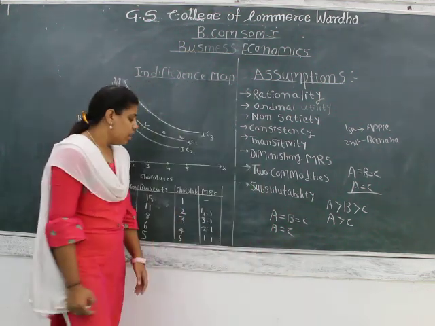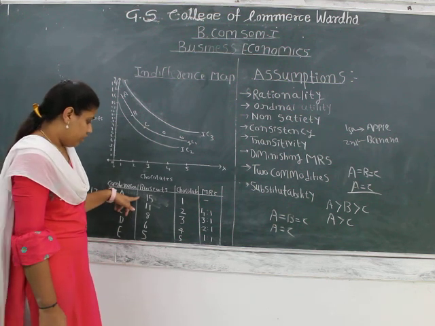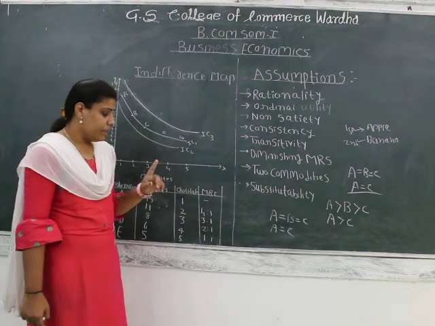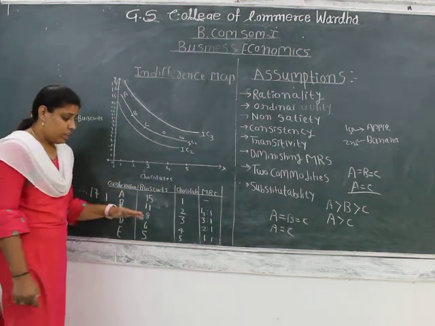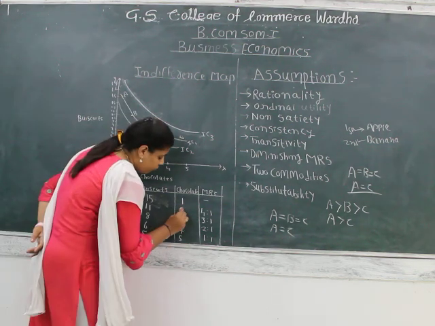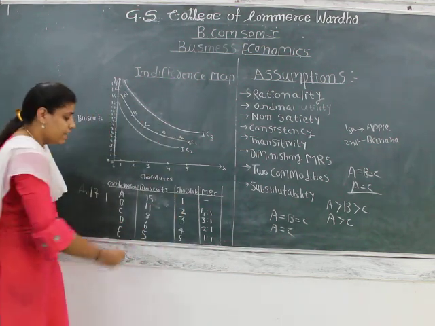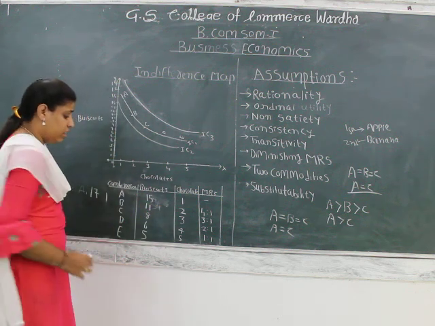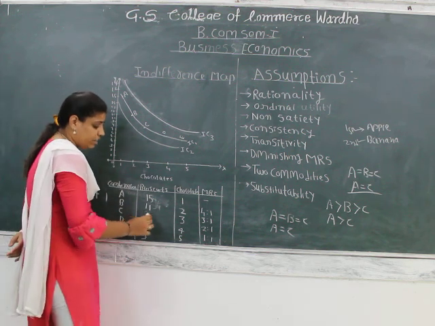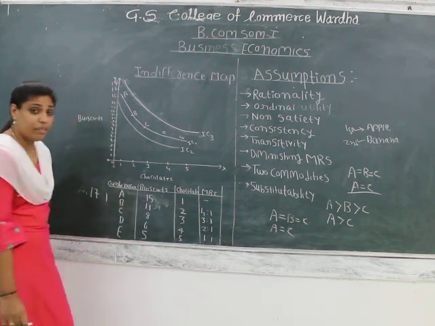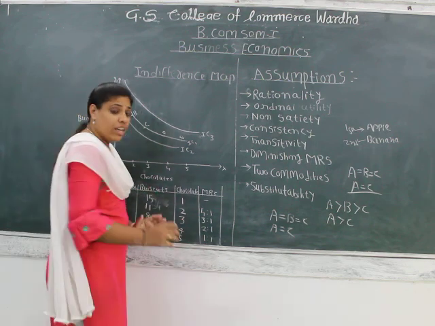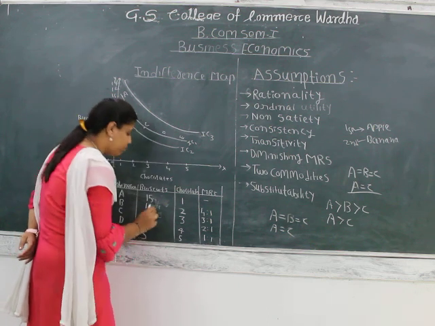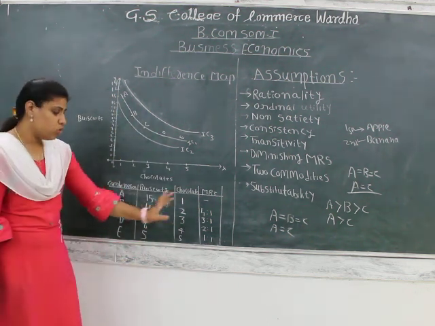Like in our example, we have seen that at the initial stage a person is having 15 biscuits and 1 chocolate, but later on, for getting the additional unit of chocolate, that is 1 unit of chocolate, he is sacrificing 4 biscuits, right? Then in the next stage again he wants 1 more unit of chocolate, but now he is sacrificing only 3 units of biscuits for obtaining 1 more chocolate.